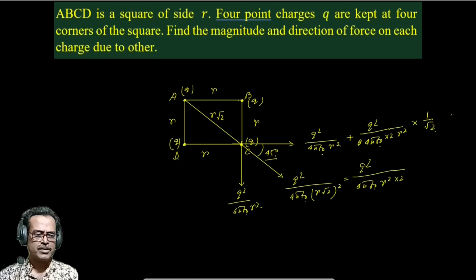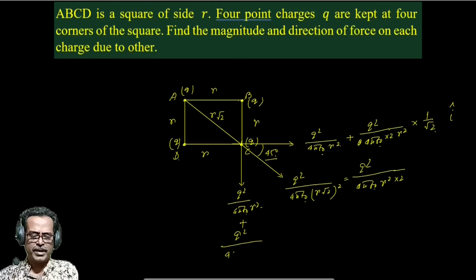Suppose this is in I direction, and this in this direction equal magnitude Q square by 4 pi epsilon 0 into 2 R square into 1 by root 2. This is in minus J direction, negative Y direction.